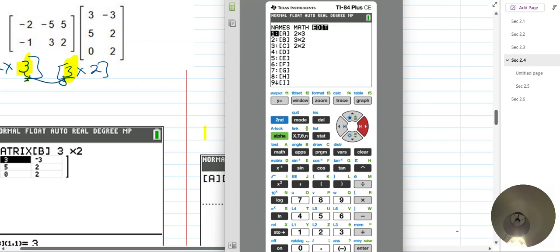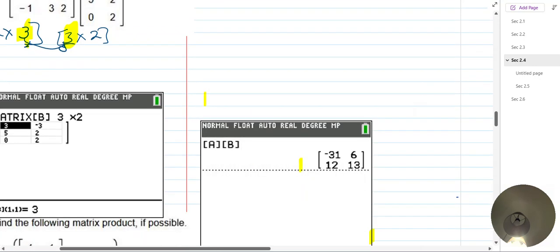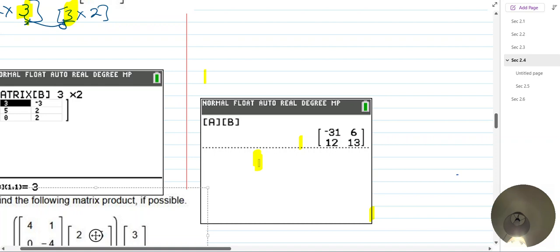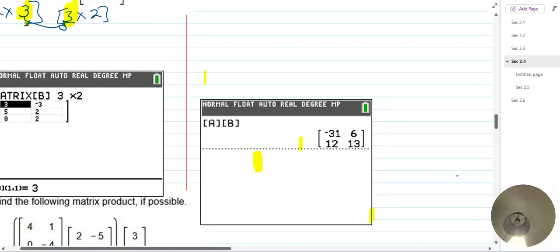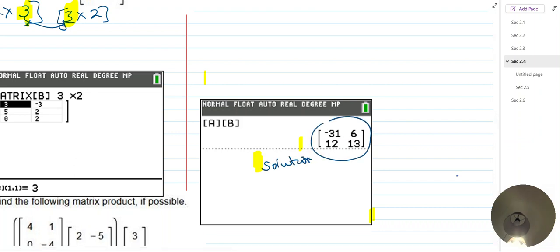And this is the solution. It's a negative 31, a 6, 12, and a 13. There you go.